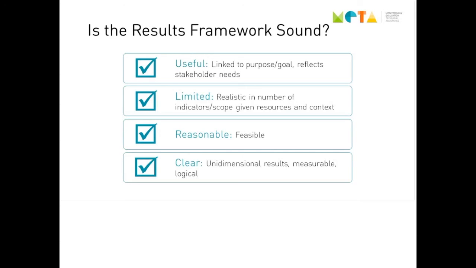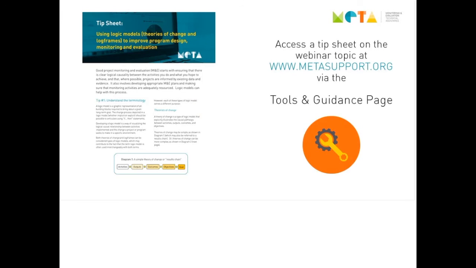As we're getting up to the hour mark here, I'll move on to mention those resources that Jaime spoke about a little bit earlier. On our website, which is metasupport.org, we have a tip sheet summarizing all of the tips that Jaime mentioned, all 8 tips she mentioned earlier.